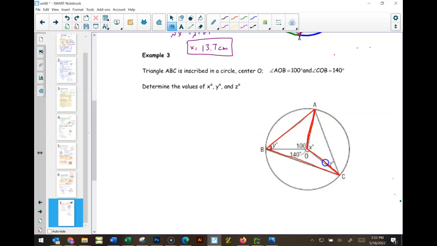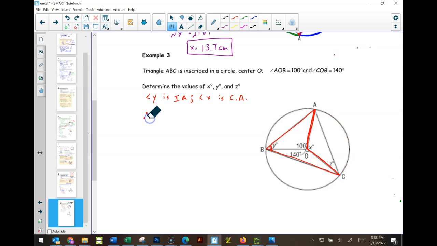If I make a central angle at x, we know that angle y is inscribed, so that's an inscribed angle, and that angle x is the central angle.